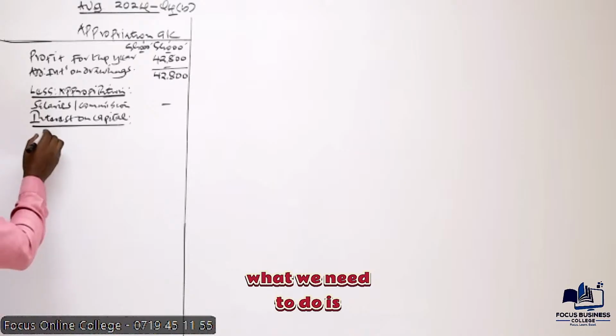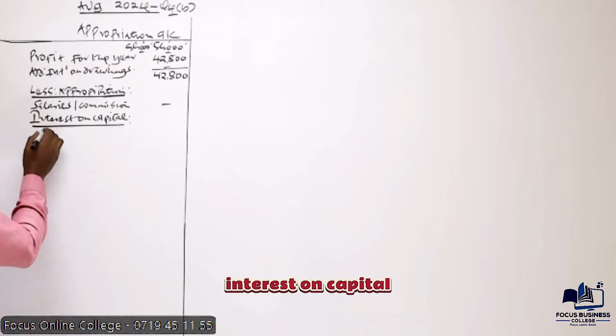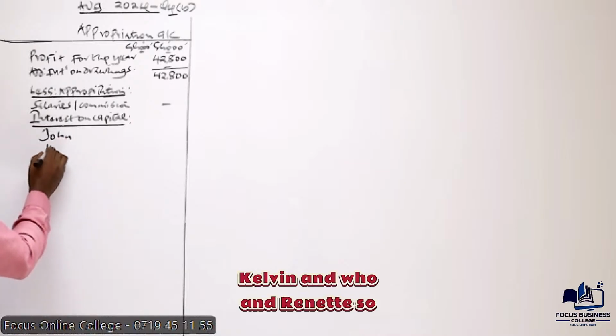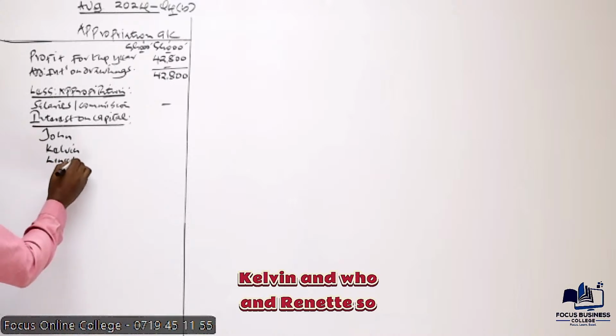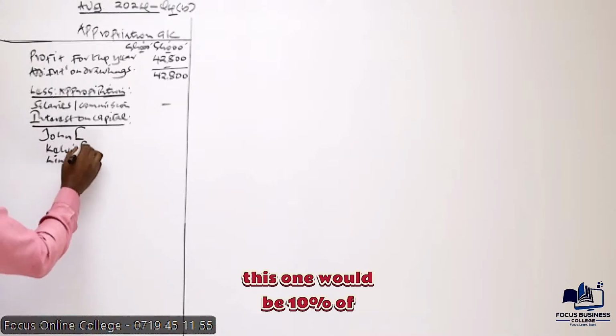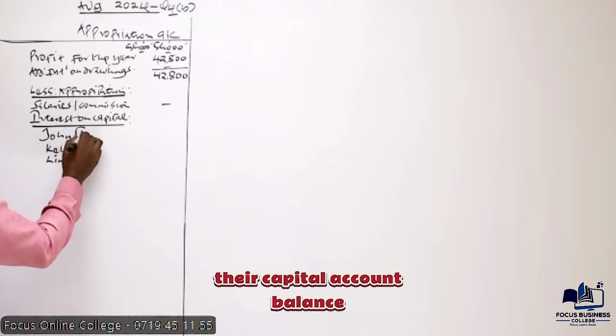So we need to compute the interest on capital which the three partners were entitled to, and it would be 10% of their capital account balance.